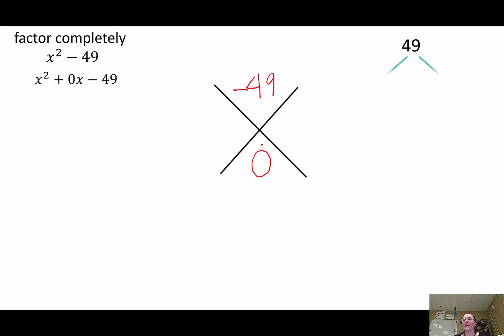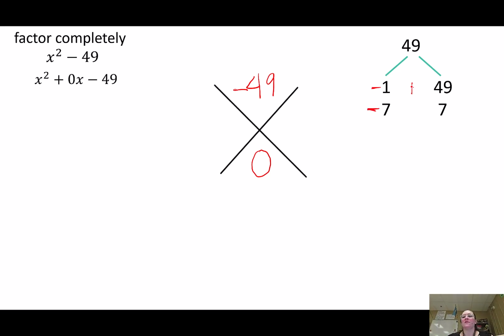All right, so factors of 49. Well, we have 1 times 49. The only other factor set we have is 7 times 7. Now, in order to get 0, I need one of these to be positive and one to be negative. Also, in order to get a negative 49, I need one positive, one negative.